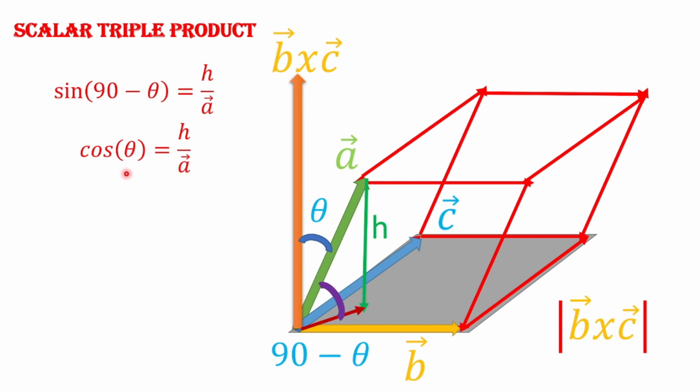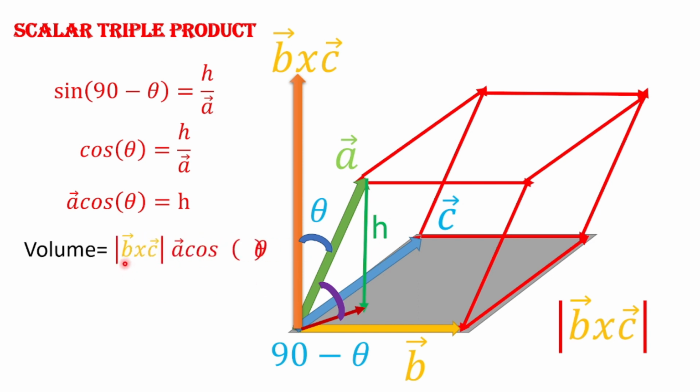So if we multiply by a, we get h equals a cos theta. The volume of the parallelepiped is surface area times height. So the surface area is b cross c and the height is h, so volume equals b cross c dot a cos theta, because height h equals a cos theta.